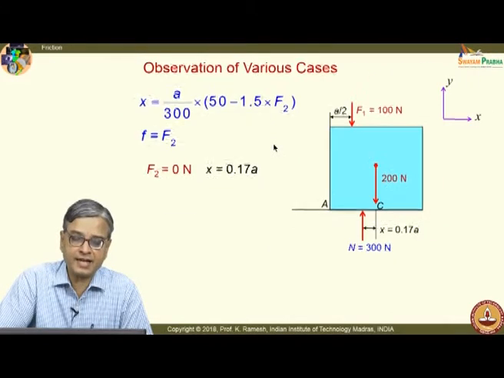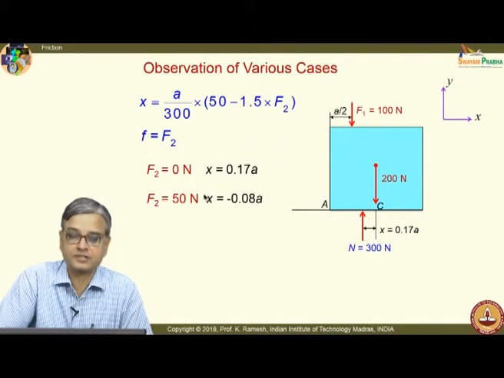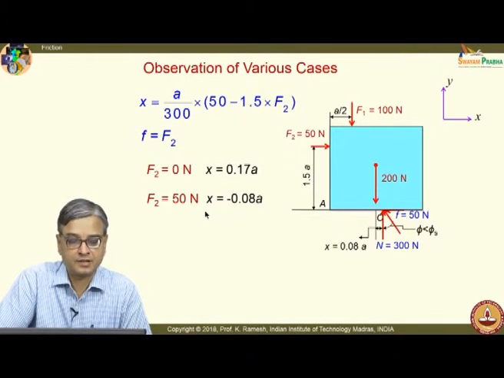Suppose I have F2 as 50 newtons. With this expression for x, that gives me x equal to minus 0.08a, and from the way we have labeled x, I put x on the right side.